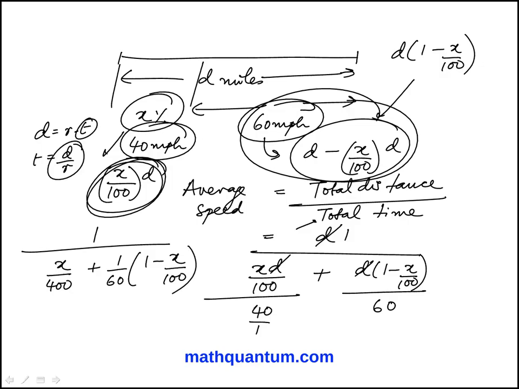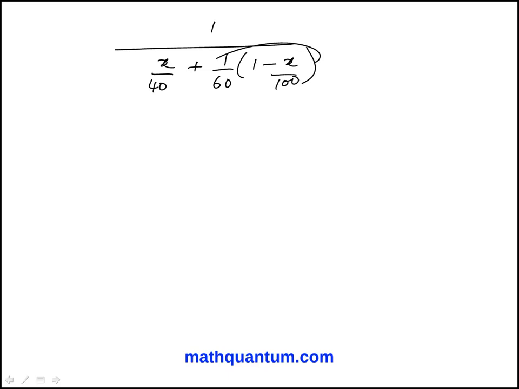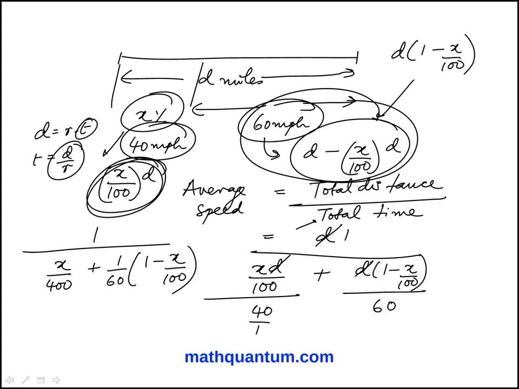So I just have to manipulate that expression, which is x over 400 plus I'll rewrite this piece as 1 over 60, 100 minus x over, well, this is 100 here. Let me just make sure I'm not making a mistake here. Yeah, that's fine. I guess I left out a 0 here. So this should be 4,000, because it's 40 and then 100.